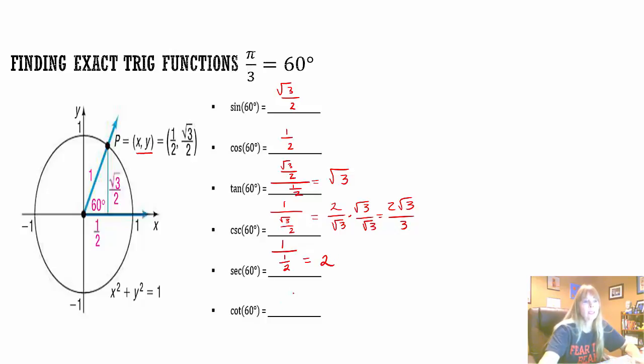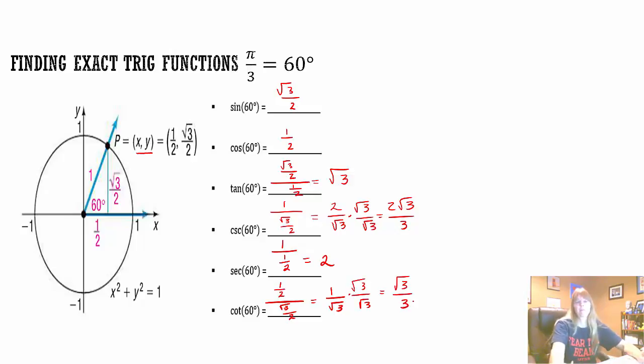And then my cotangent is my x over my y. So once again, the 2's cancel, and I rationalize the denominator, and I get my value. So based off of those nice little triangles, I could find the values for 60 degrees.